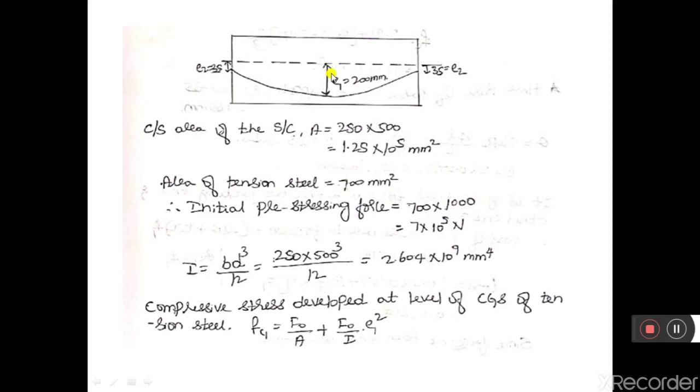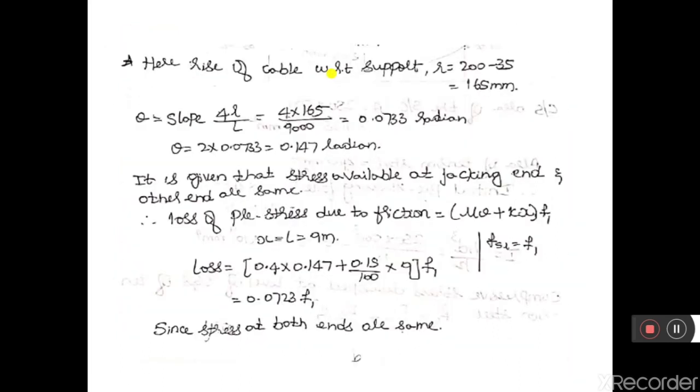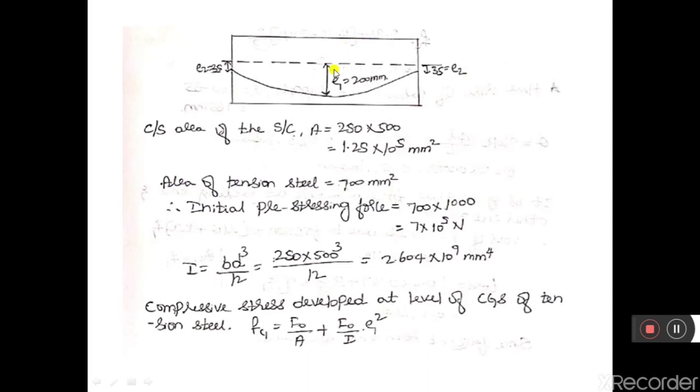That is the rise of a cable or eccentricity of a cable. So the rise of a cable with respect to support, r, is equal to 200 minus 35. From here to here it is 200, and from here to here it is 35. 35 means the eccentricity at the supports. So the net eccentricity will be equal to 200 minus 35.